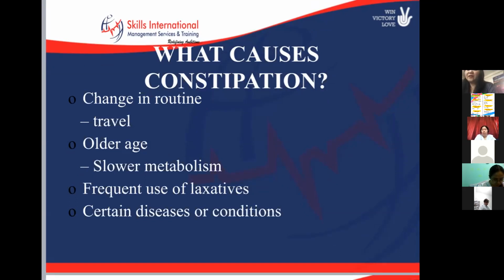They will not be able to metabolize the food that they were eating already. So their stool becomes harder and they are no longer able to pass their bowel movement. And frequent use of laxatives can also cause constipation. And certain diseases or conditions can also cause constipation.